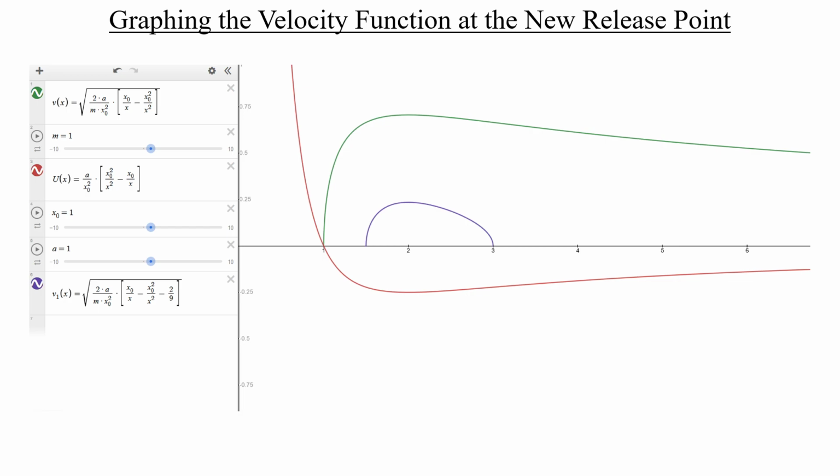Let's get a sense of how to interpret this. It helps if you picture the proton like a marble rolling down a half pipe or something. It starts with a velocity of 0 at 3 times x naught, and it gets pushed towards lower potential energy by the conservative force, which will make it move to the left.